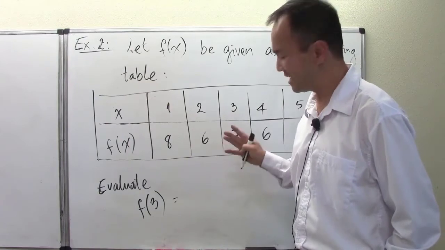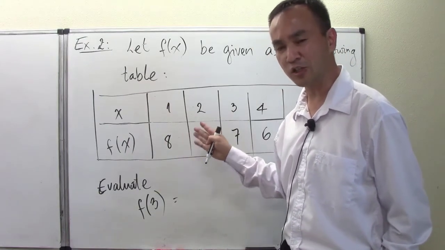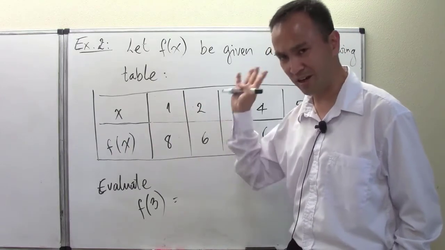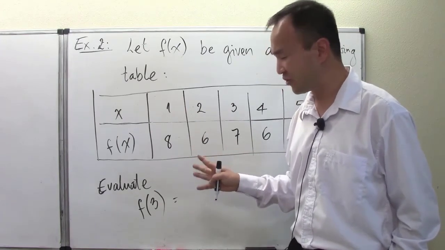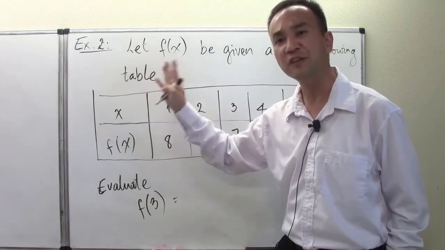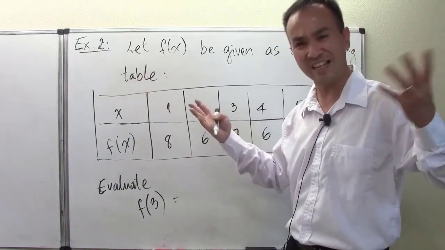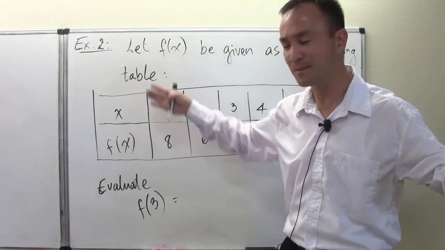So this table is not only representing the function, it also defines the rule of our function. So the rule says, is that a 2x minus 1, is that an x squared? That's not the matter.